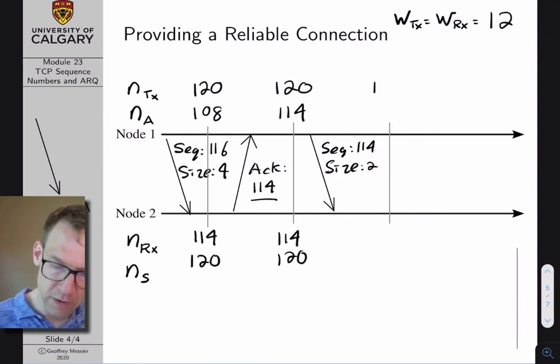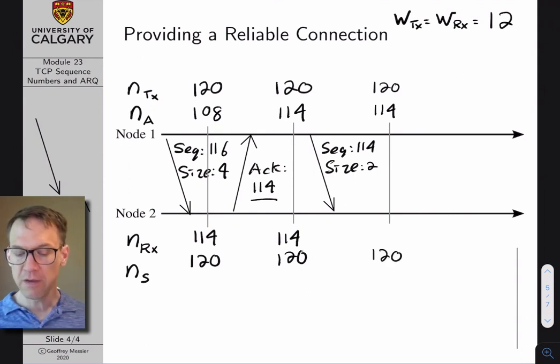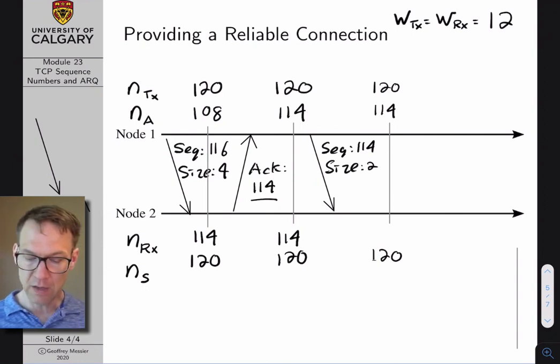So at the transmitter, we still want to send 120. We've still only received an acknowledgement for 114. At the receiver, we've received up to byte 119, so NS is 120. And now we've successfully received our missing segment.